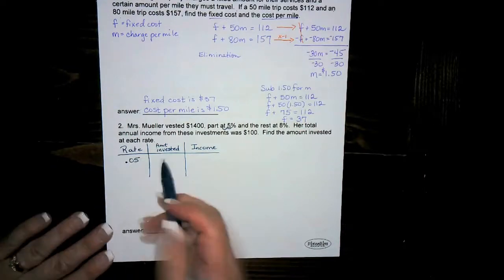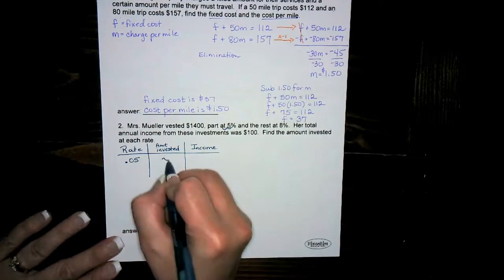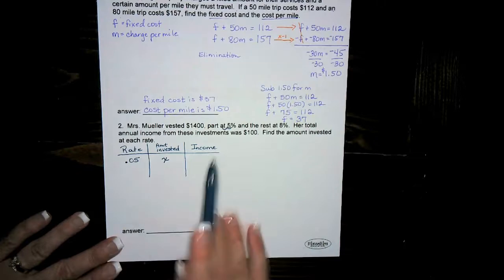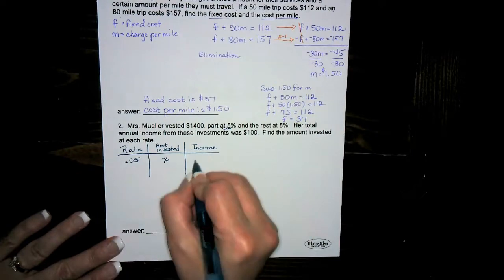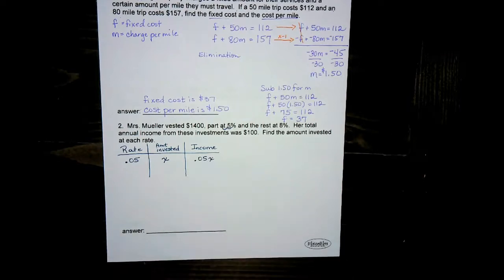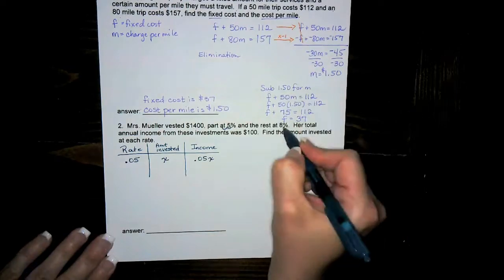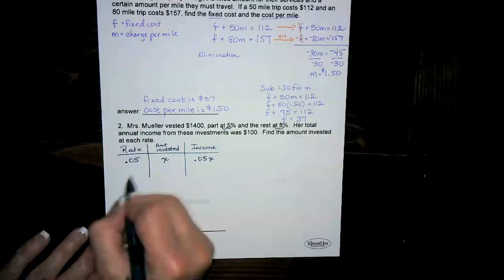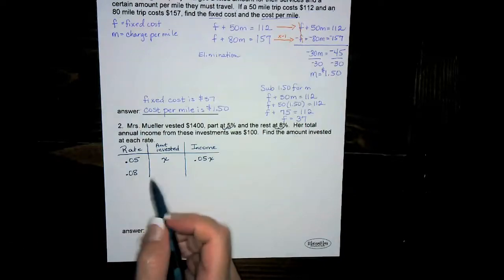The amount invested, I don't know. So I'm just going to call it X. But then I get my income by multiplying these two together. So I have 0.05x. Okay. Let's do the second investment. It was at a rate of 8%. So if I move that decimal, then I get 0.08. Now here's the tricky part for the amount invested.